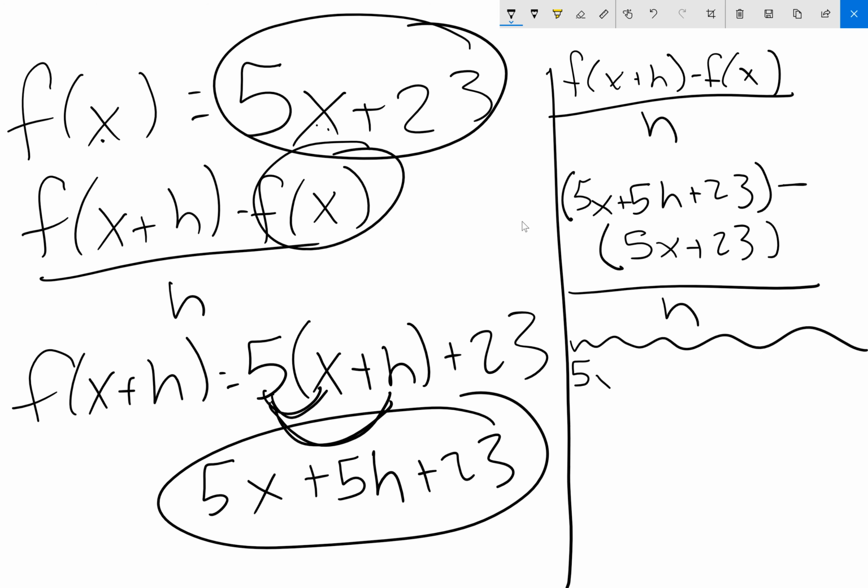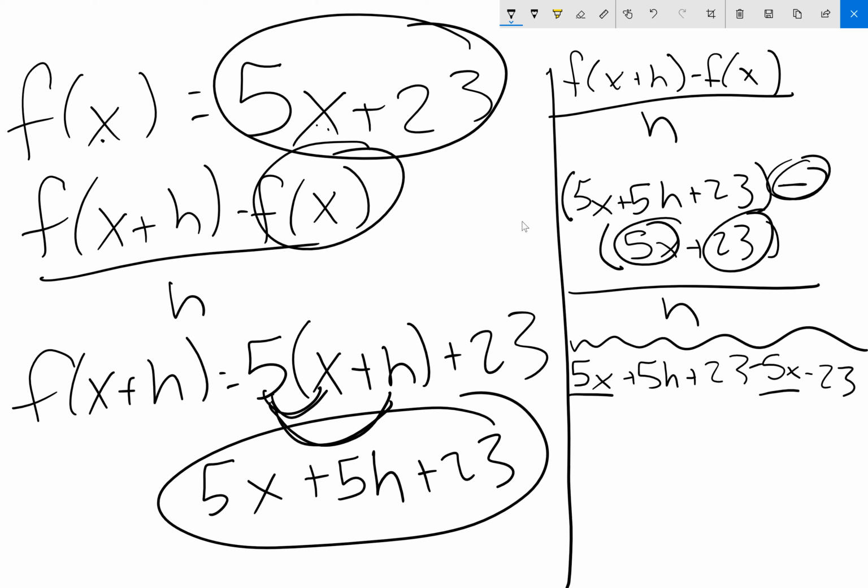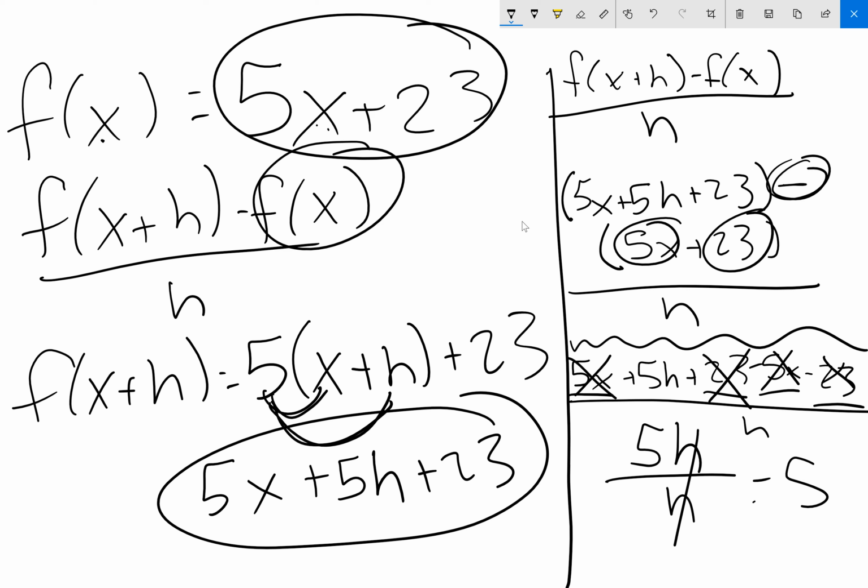So we have 5x plus 5h plus 23 minus 5x minus 23. Combine like terms. These cancel, leaving us with 5h. This is all over h, right? Leaving us with 5. Okay, and that's all there is to it when it comes to difference quotient.